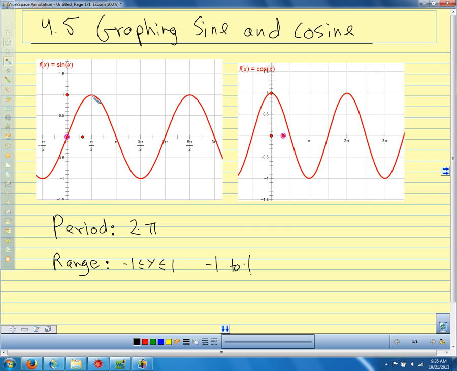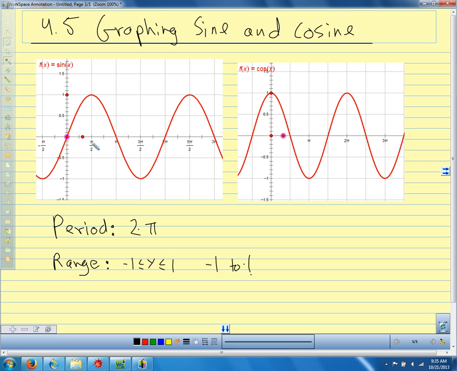If we're here at a peak, we go from peak to peak in 2 pi units. If we're here at a trough, at the bottom, we go from the bottom to the bottom in 2 pi units. So we can pick any point on the graph, and when we're back at that exact same point, that's going to happen over a period of 2 pi if we're not doing anything else to our function.